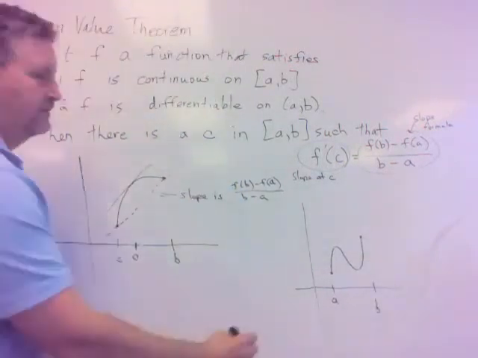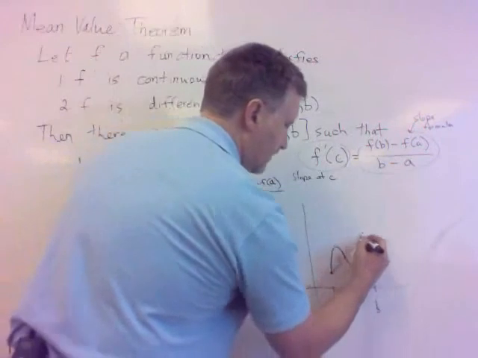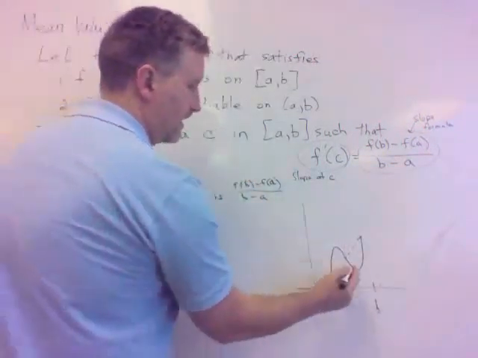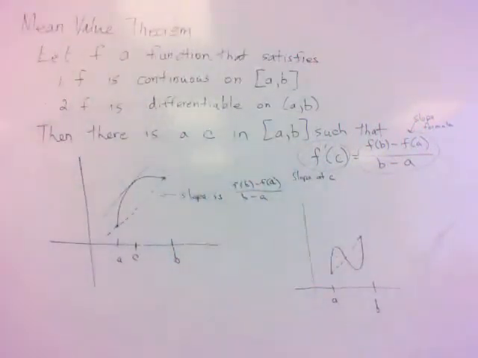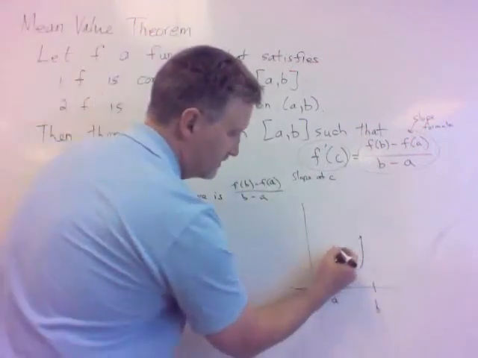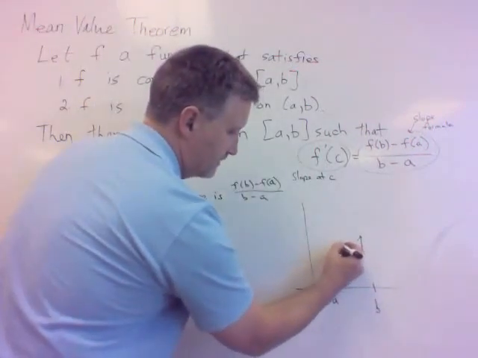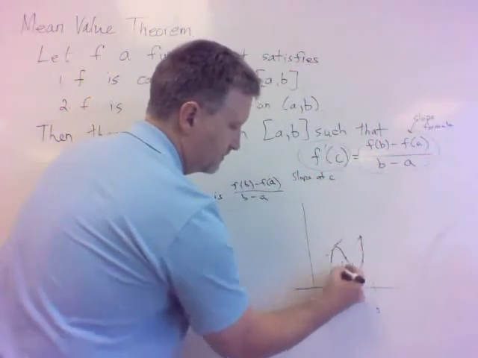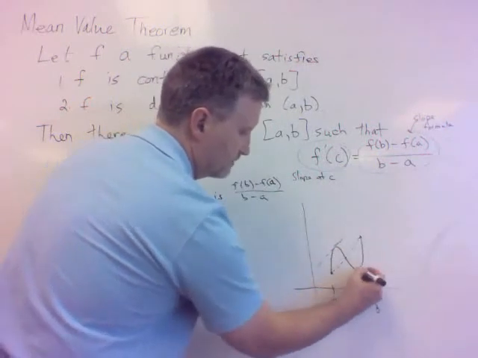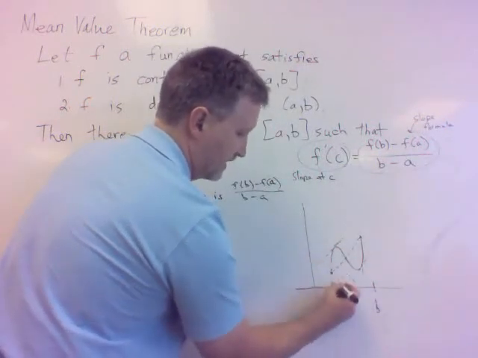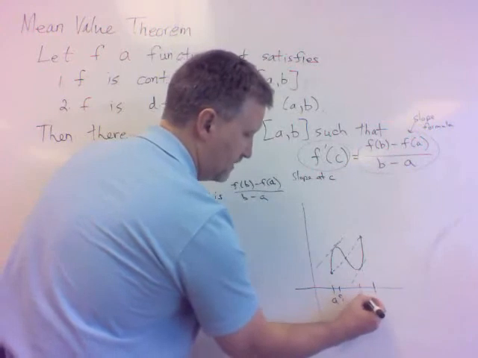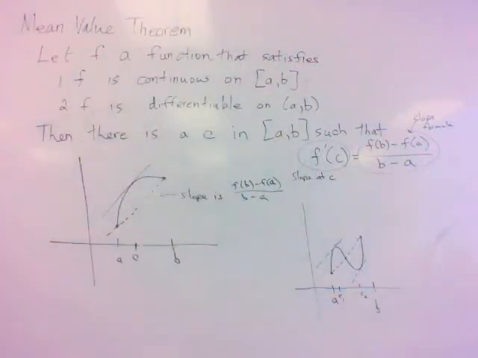Well, that just means then, here's your slope from a to b. In that case, there's probably going to be a couple, isn't there? You can go right here. That looks like a pretty good tangent there, parallel to it. And then down here, we'd also have another one. So in that case, we'll have maybe a couple of c's. Okay?